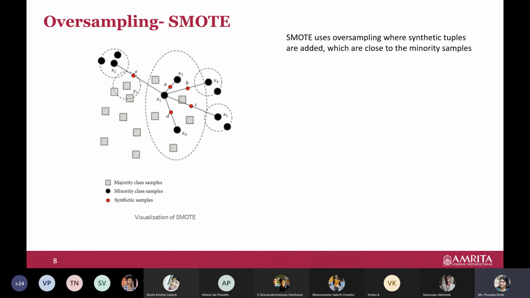So we have to come up with certain techniques which can handle this. That is why oversampling techniques like SMOTE have come up, where it synthesizes some instances which are close to the minority samples, and then we move on to the machine learning algorithm. It will perform better once you do this oversampling.